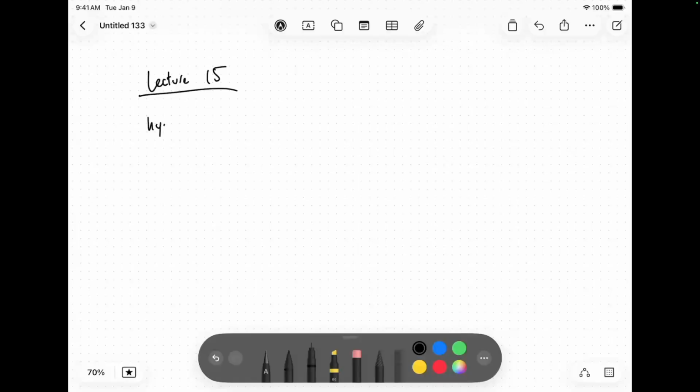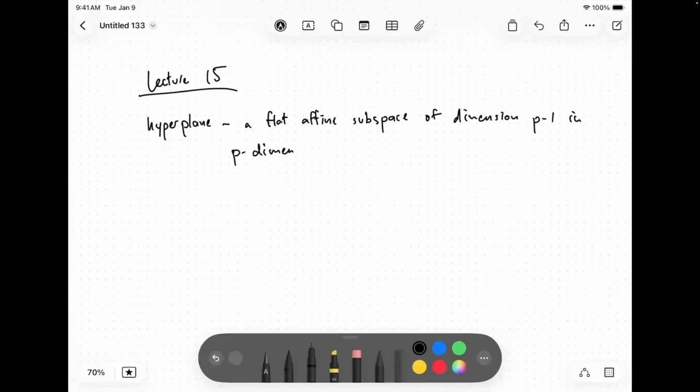We're going to start off by talking about the hyperplane. This is a flat affine subspace of dimension p minus 1 in p-dimensional space.